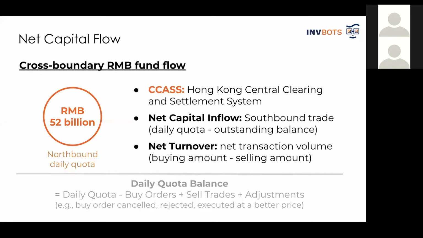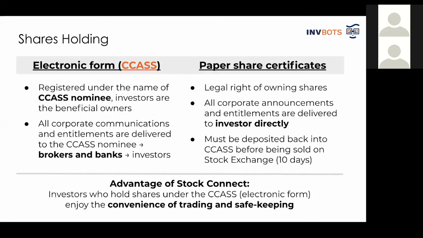CCASS is the way that the stocks are stored, the Hong Kong Central Clearing and Settlement System. In the next slide, you will see more about the difference between these two types of shareholdings. With CCASS, you have the economic benefit, but you do not have the legal right to hold the stocks.